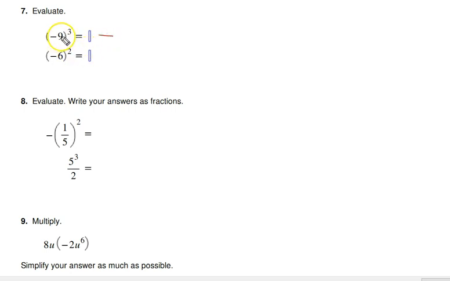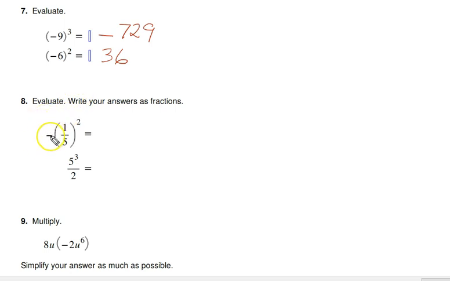And just 9 to the 3rd is 729. Now, within parentheses, a negative value raised to an even power is always going to be positive. So 6 squared is 36.